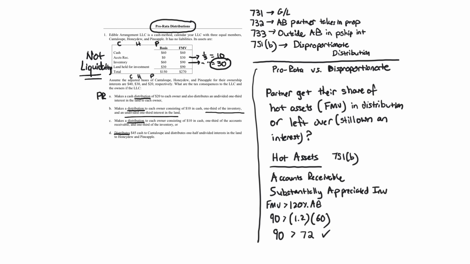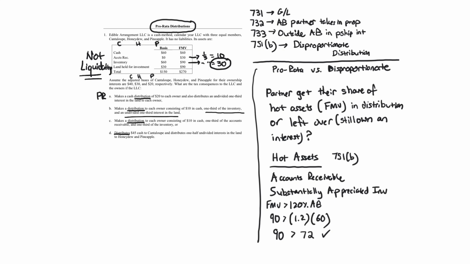Because they're receiving the inventory now. They're each receiving 1/3 of it. So they're each getting $30 of inventory. So now they have $10 of cash, 1/3 inventory, 1/3 land, and they also own the partnership, which also owns 1/3 of the accounts receivable and cash. So they're still good. So you're testing that. Do they own exactly before and exactly after the same? If it changes, that's when it's bad.